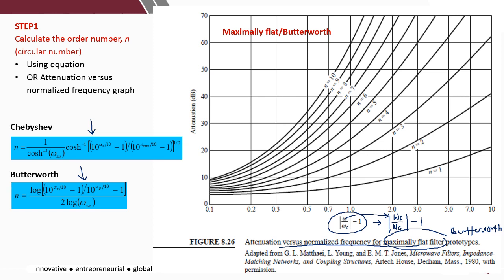Okay, once you have the stop band frequency, okay, then you will drag the lines up to the attenuation, the stop band gain. For example, you get n equal to in between 3 and 4. Okay, for example, n equal to 3.5. So to get the actual n, you need to make sure that you round it up to the next higher whole number. Therefore, the n equal to 4.